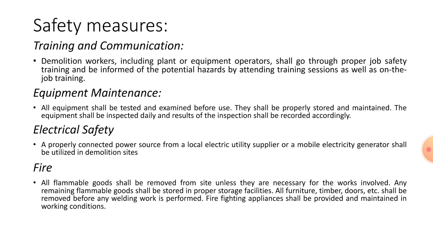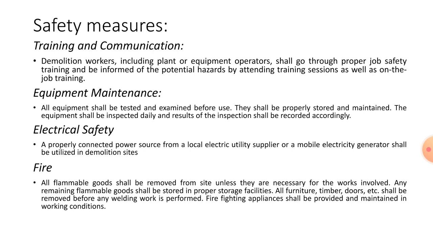Then equipment maintenance: all equipment shall be tested and examined before use. They shall be properly stored and maintained. The equipment shall be inspected daily, and results of the inspection shall be recorded accordingly. So equipment maintenance must be done on a daily basis, because you're dealing with large tall buildings, so you must test daily.